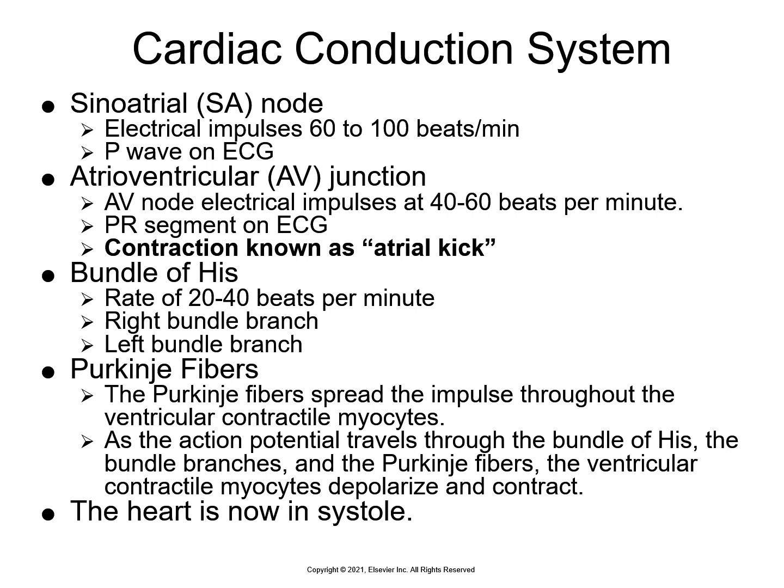And that's the action potential which travels through the bundle of His. This, and the bundle branches and those fibers, are what causes the contraction. It depolarizes those myocytes, and then the ventricle will contract.